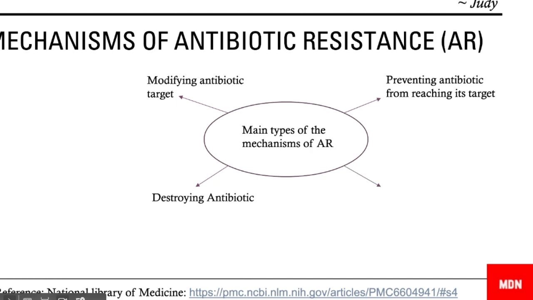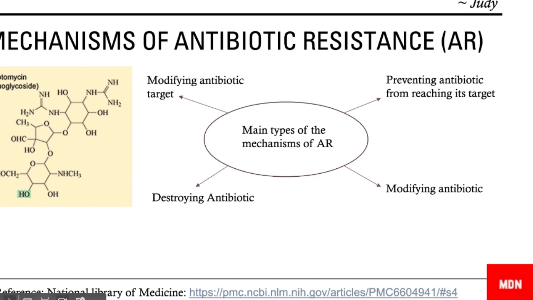Then we have modifying the antibiotic. If you looked closely on the diagram before, there was an antibiotic with an attached molecule on it. If you click one more time, it's going to show streptomycin. This is an antibiotic with the hydroxyl group at the bottom highlighted.